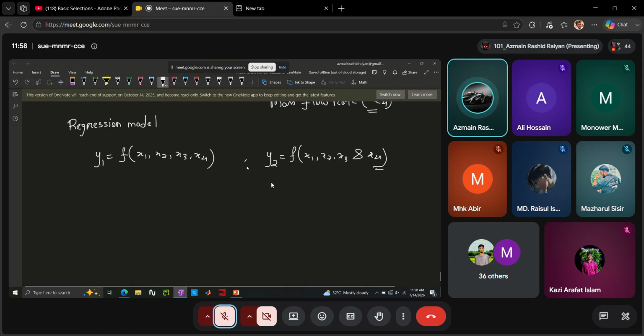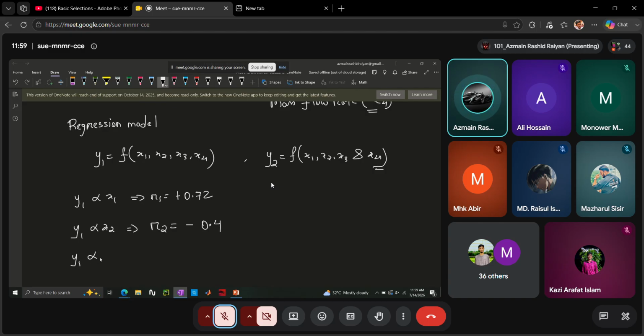Let's say you have done a statistical analysis and you have found, when you are correlating y1 and x1, a correlation coefficient of, let's say, plus 0.72. When you are correlating y1 with x2, you are getting a correlation coefficient of, let's say, minus 0.4.